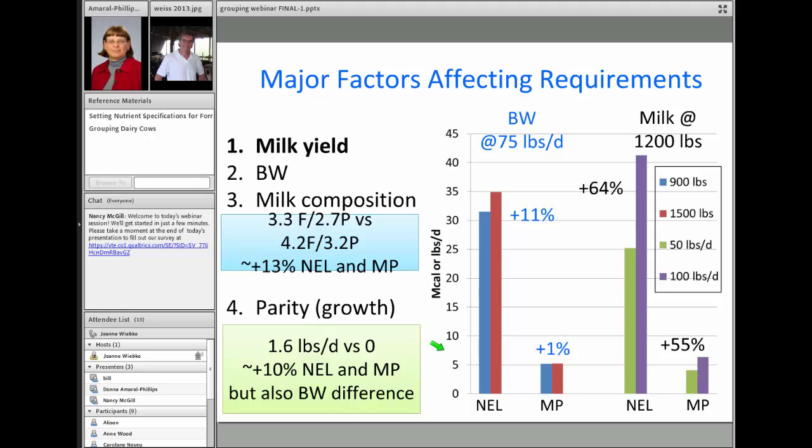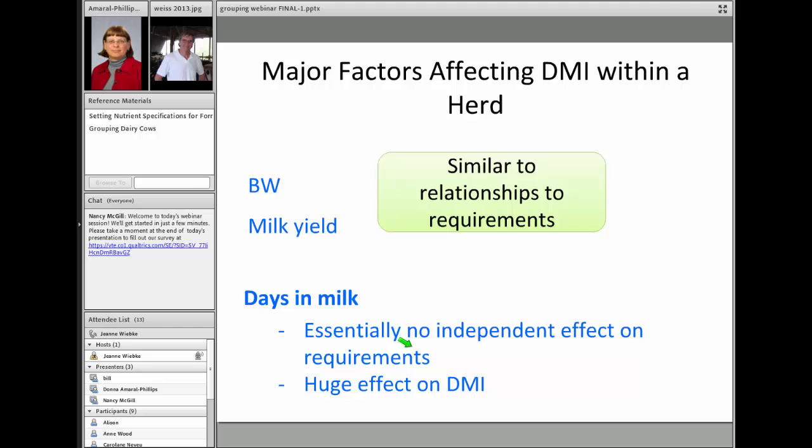If I have an animal with no true growth versus an animal that's growing 1.6 pounds a day, so this could be a first lactation cow versus a third lactation cow, if everything is equal, that only affects requirements by about 10%. So again, it's milk yield that's driving the show here. These other things aren't that important, or variation in the other ones.